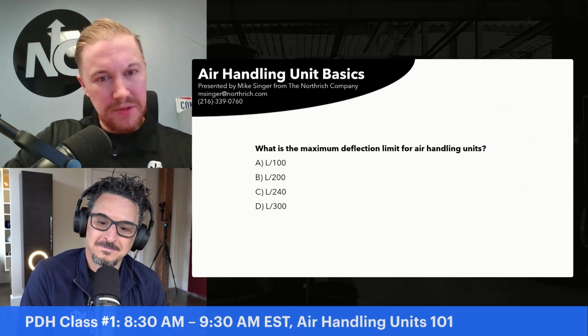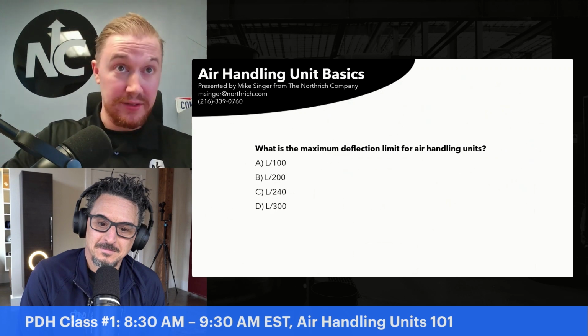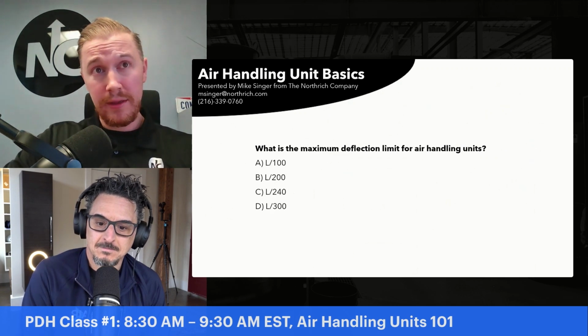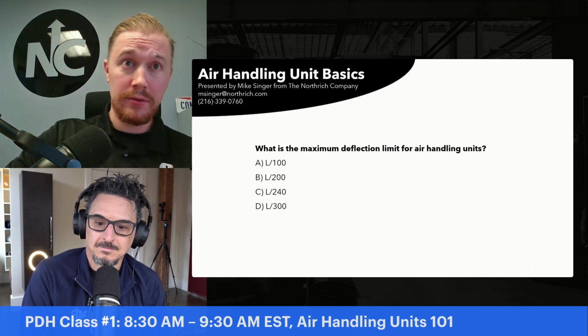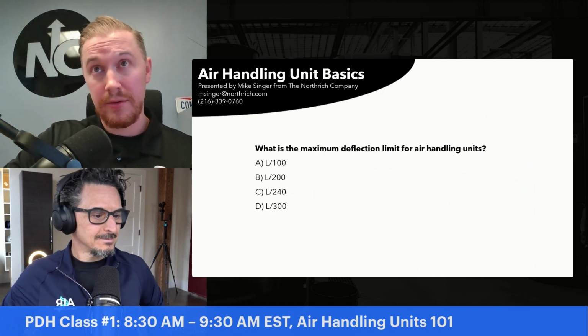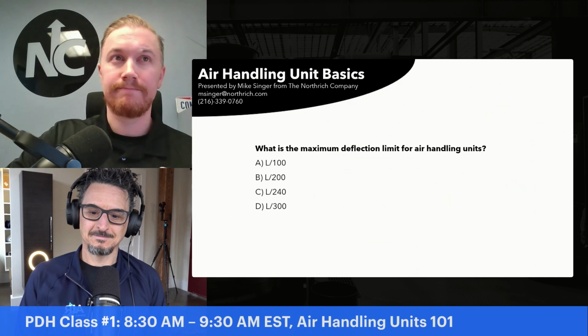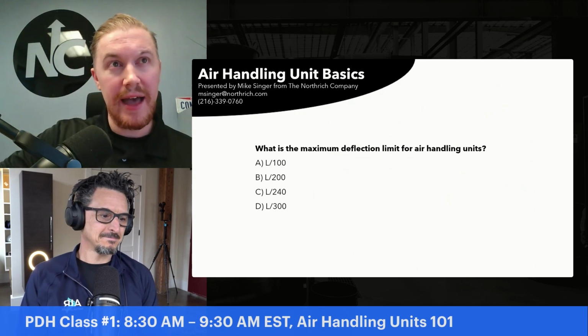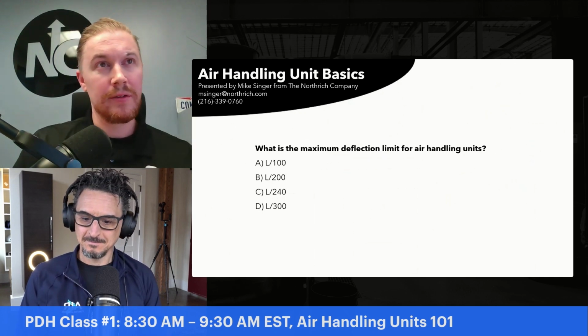What's the maximum deflection limit for air handling units? L over 100, L over 200, L over 240, or L over 300? How much can I allow that air handling unit to deflect?